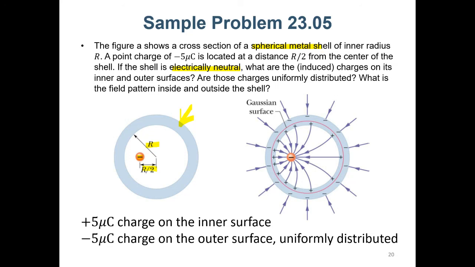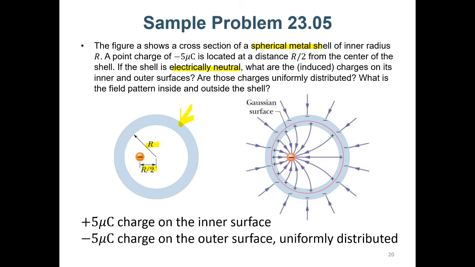It also tells you that because the sphere itself is electrically neutral, the total charge is 0. And we have an induced charge of positive 5 μC on the inner surface. So there should be -5 μC of charge on the outer surface, so that when you add all the charge together, it will be 0.